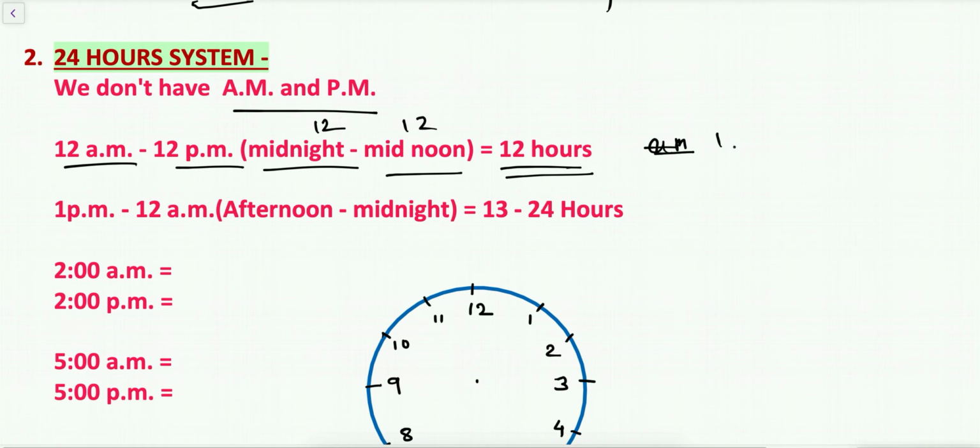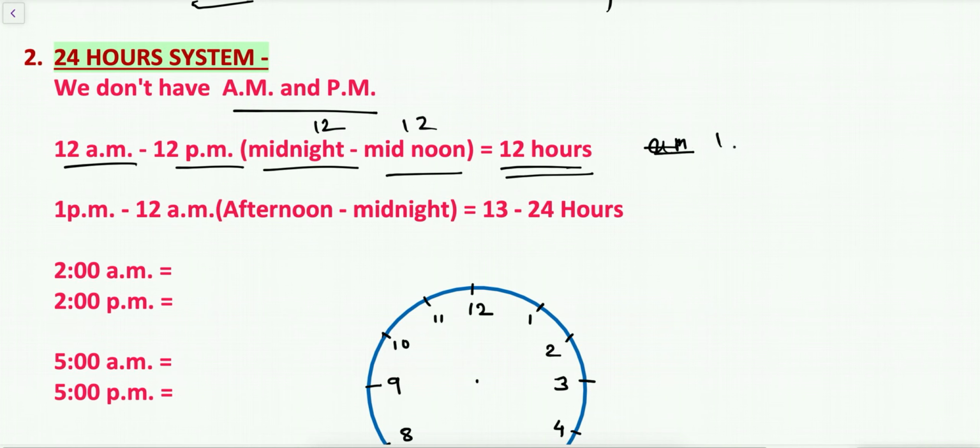Convert 82 seconds into minutes and seconds. So 82 seconds. 1 second is equal to 1 by 60 of a minute. So 82 seconds will be 82 multiplied by 1 by 60, which is equal to 82 divided by 60.